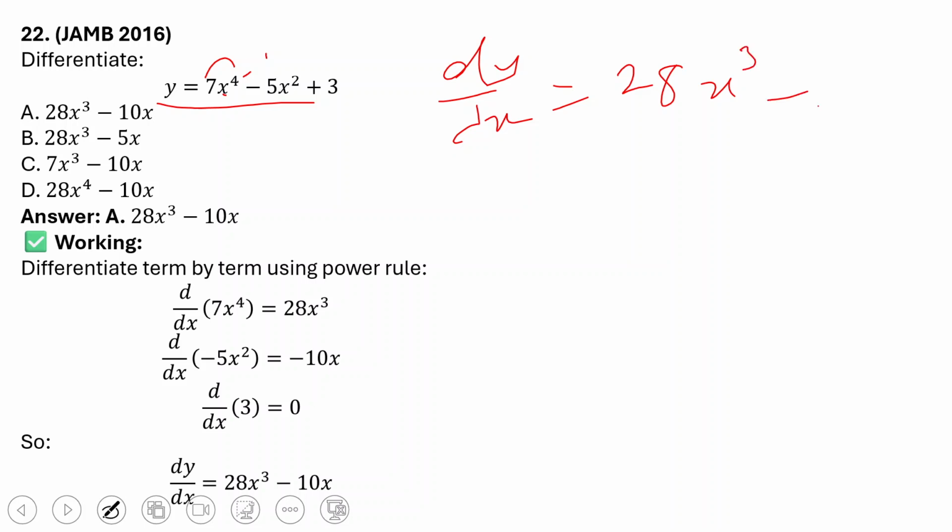Then minus 2 times 5 is 10, then x, 2 minus 1 is 1, plus 3, so sorry, plus 0. So it now becomes 28x cubed minus 10x, right? 28x cubed minus 10x. The answer is A.